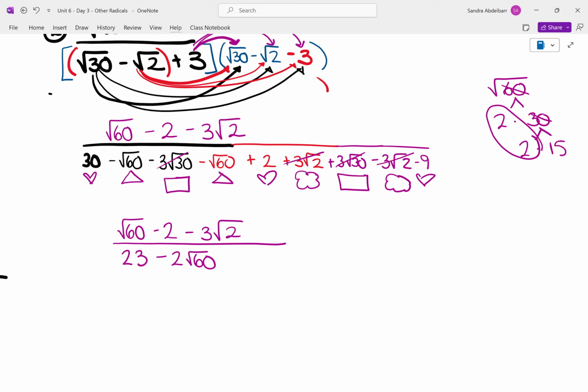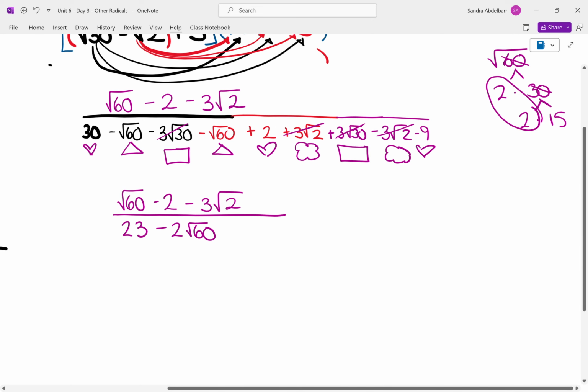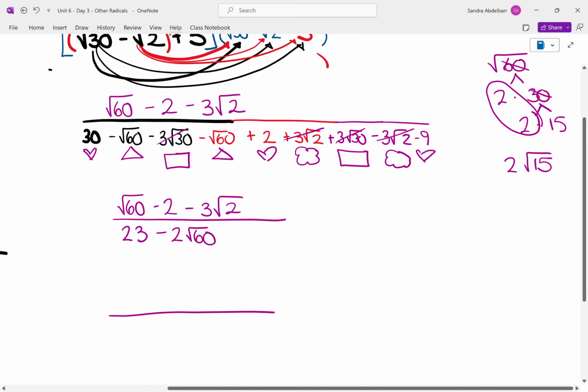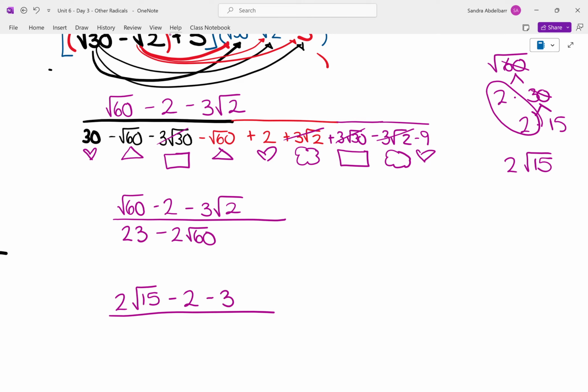There's no more pairs to be made. Exactly. So now what we end up getting here is 2 root 15. That's the root 60. So in my numerator, I have 2 root 15 minus 2 minus 3 root 2. And in my denominator, I'm going to have 23 minus 4 root 15.